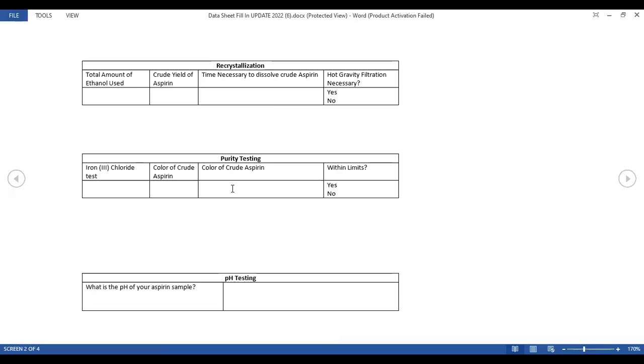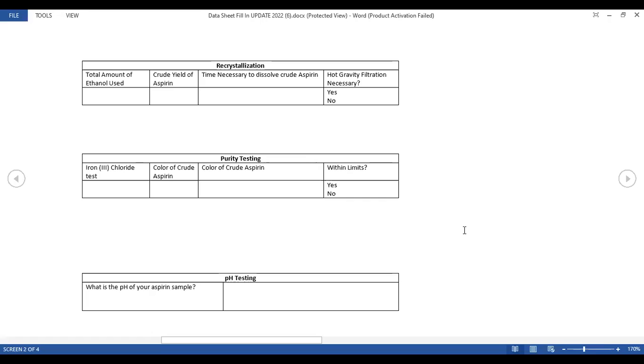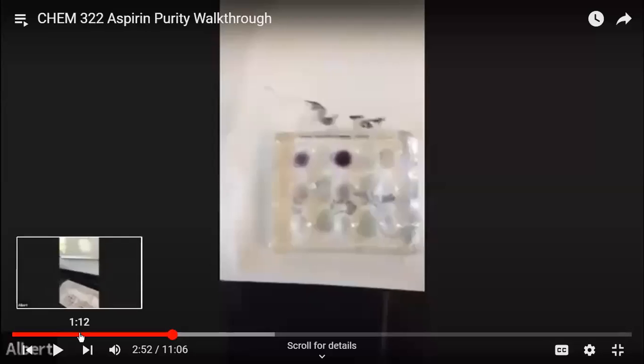So it's a little bit lighter than the crude, but still impure. That's a great question. And then if you're using sample 3, then right here, where it says, is it within limits, you're going to say no. Okay. Thank you. Good question. All right. Any other questions?